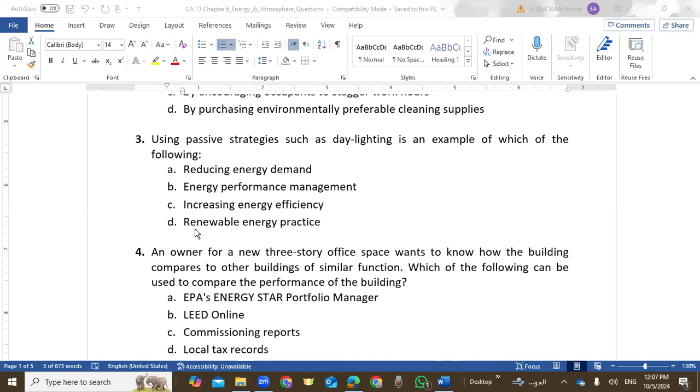It's also not renewable energy, because I was just using what? Opening the window. Renewable energy means production of energy. Energy performance, I told you, performance and efficiency or performance management, is about the machine. I use input and output. So now you answer it. I'm happy that you answered it right.